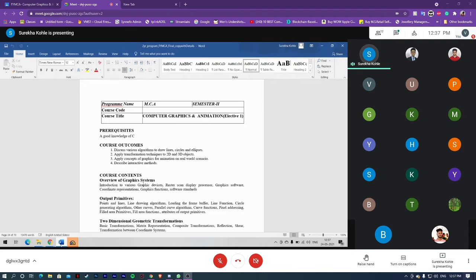Then visualization. In this, how you are going to visualize things is also included in computer graphics. Then image processing and machine drawing. So many things are there where we can use computer graphics. It is up to your mind how students are going to mold themselves using computer graphics.